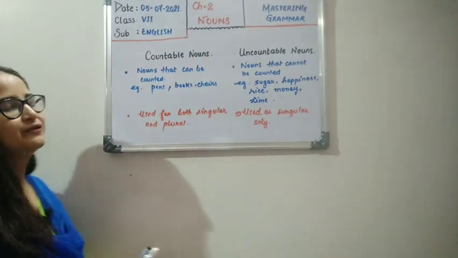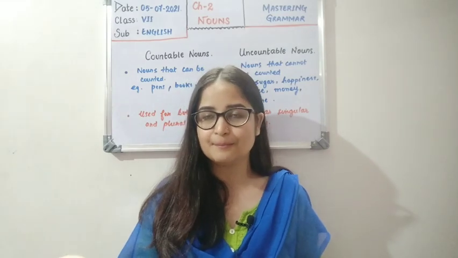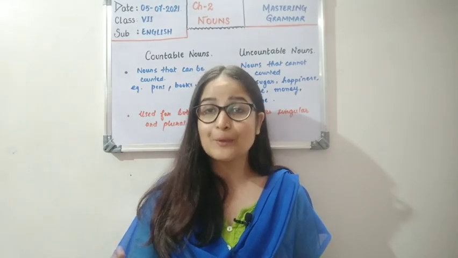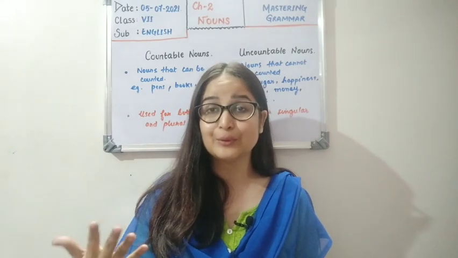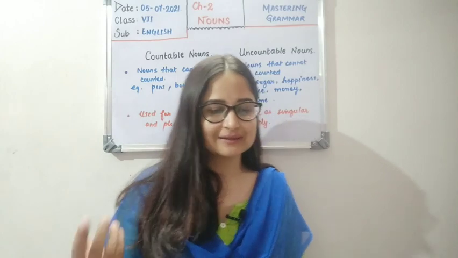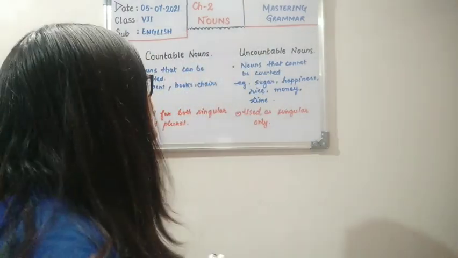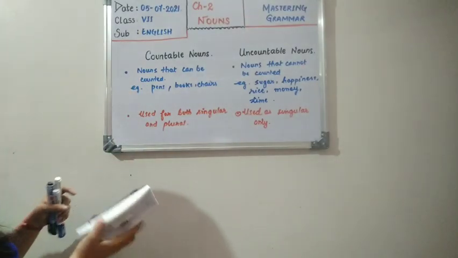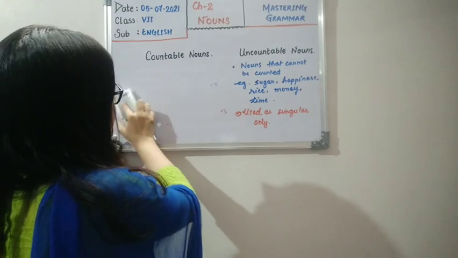But for countable nouns, we can use them both as singular and plural, like pen becomes pens, book becomes books. Okay children, so I think I made this point clear. Now the next one is also very simple for countable and uncountable nouns. These were the first 2 points.